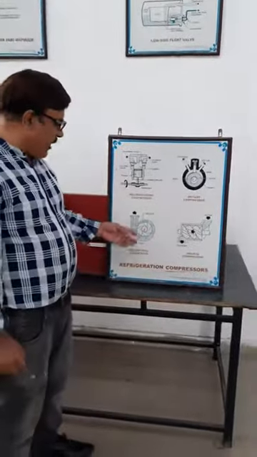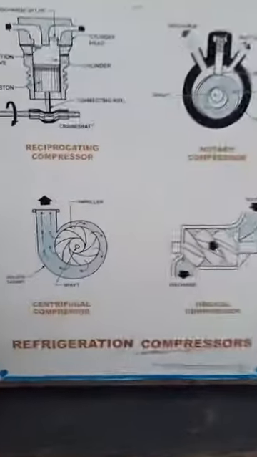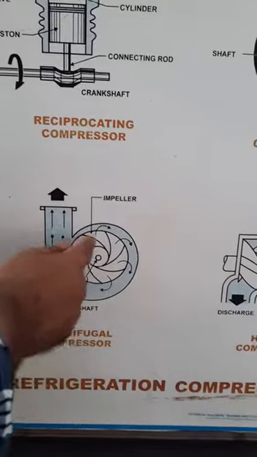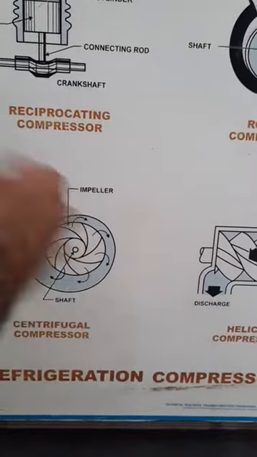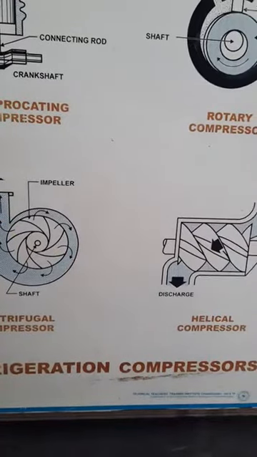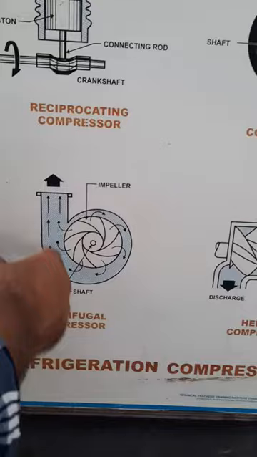Okay, so next we have the centrifugal type compressor. So look at here in this diagram. The refrigerant is entering through this eye and the impeller is there. When the refrigerant flows through the vanes of this impeller, through centrifugal force its pressure will increase.